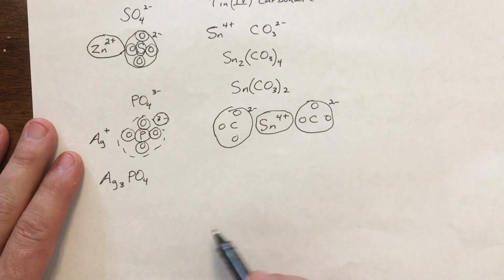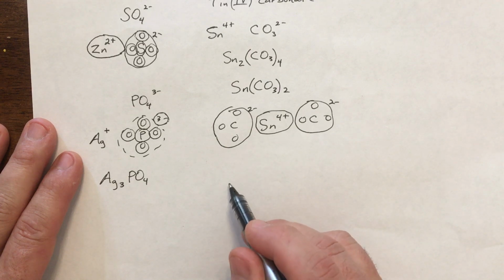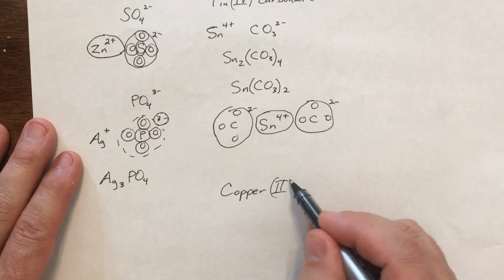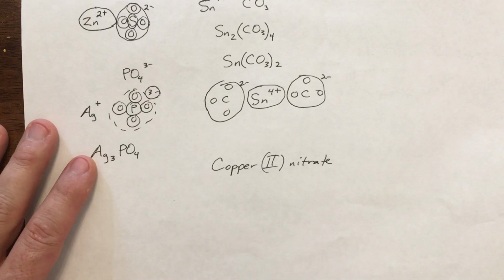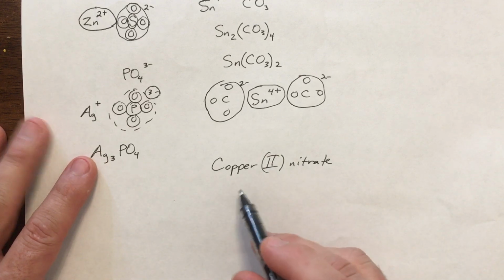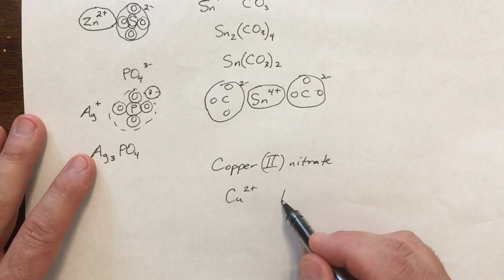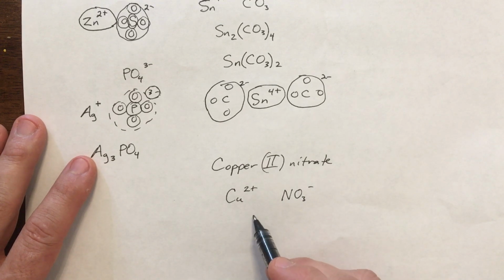Let me show you one more. Maybe we do copper 2 nitrate, and don't forget the Roman numerals with your transition metals. Copper 2 is Cu2+. My nitrate polyatomic is NO3 with a 1-. You're going to do your crisscross technique there.